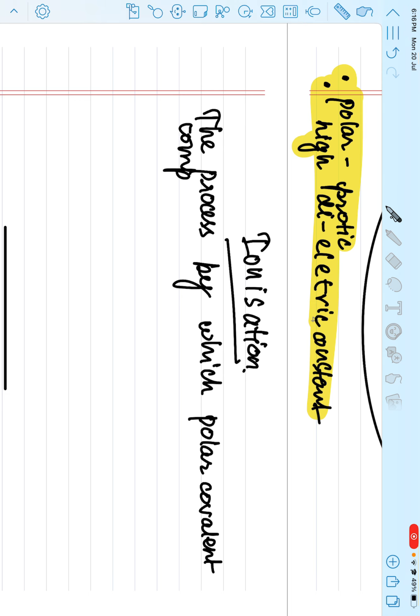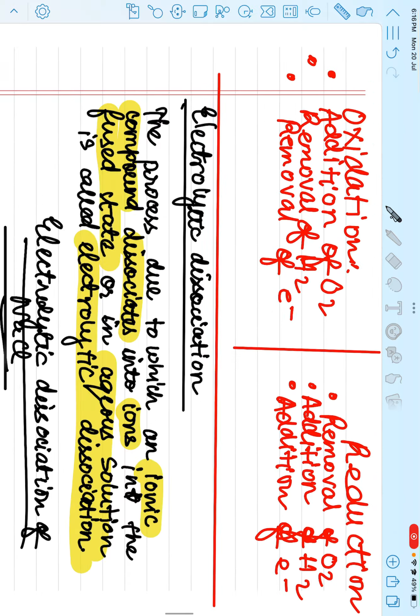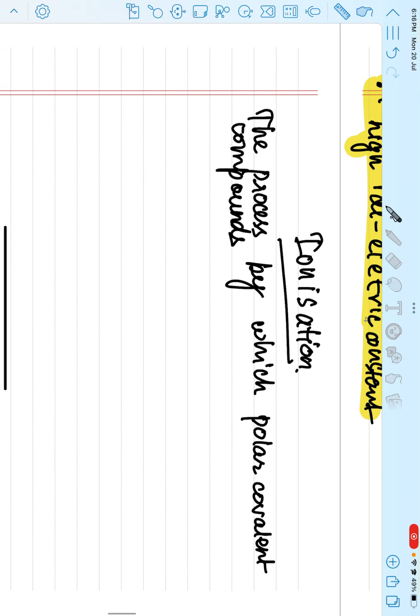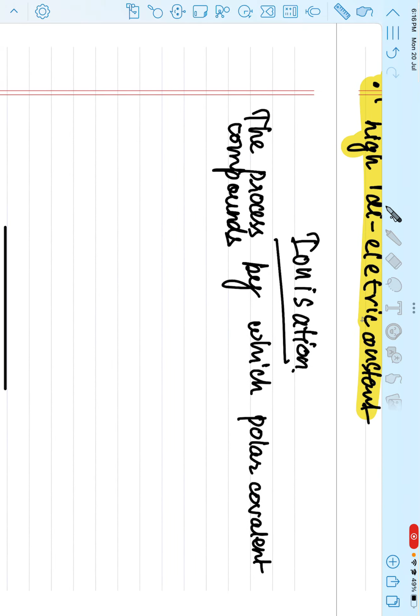They have partial positive and negative charges, so they are the ones which make ions. In electrovalent compounds, the ions are already there. The very strong bond between the ions just needs to break, and they're free. But polar covalent compounds need to make the ions.